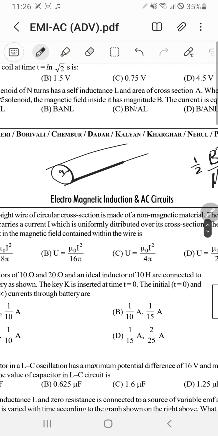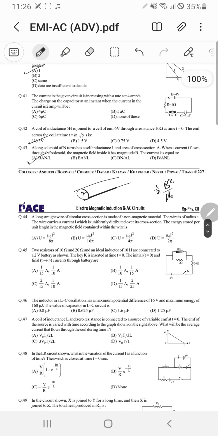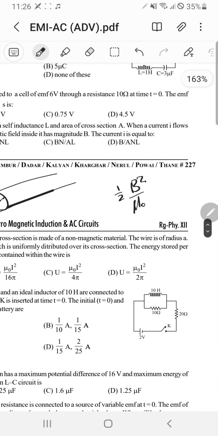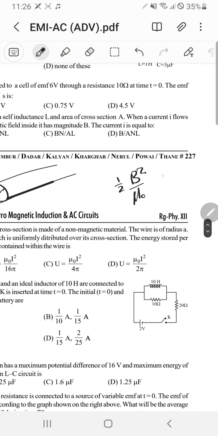So then what's the volume that we're talking about? It is just pi a squared times h, but divided by h, because we want per unit length. Huh?